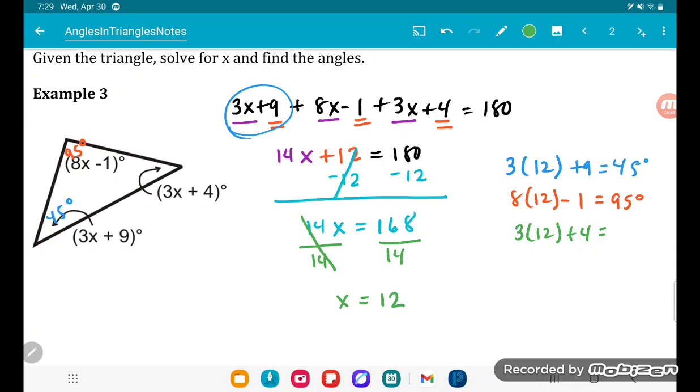And 3 times 12 is 36. If I add 4, get 40 degrees. And if you just want to check your answer, take the angles, add them up. So 45 plus 95 plus 40, it equals 180 degrees.